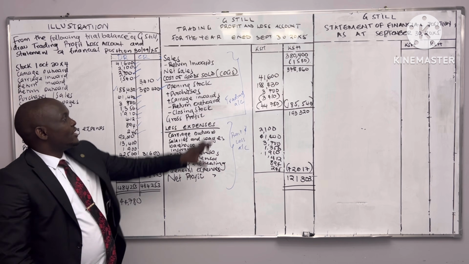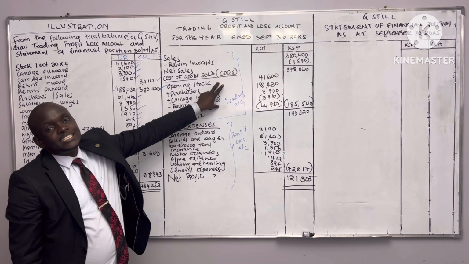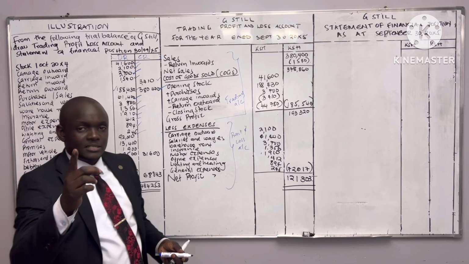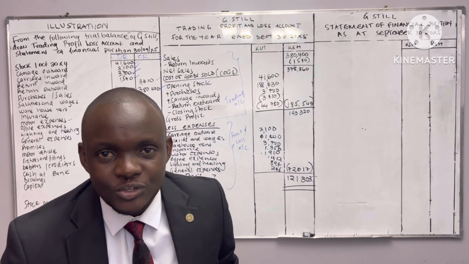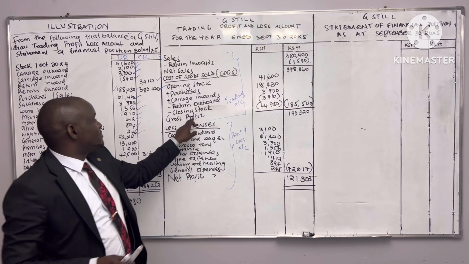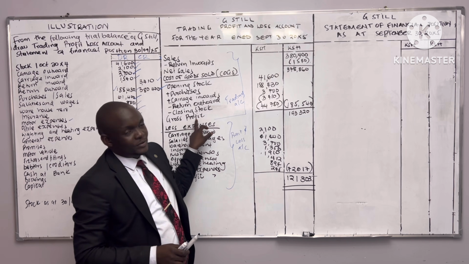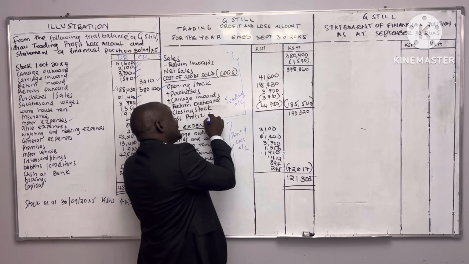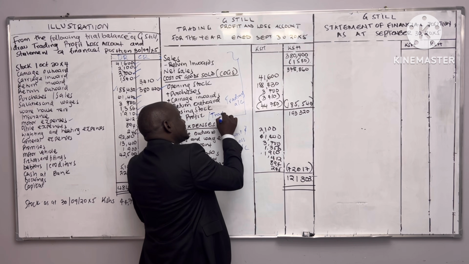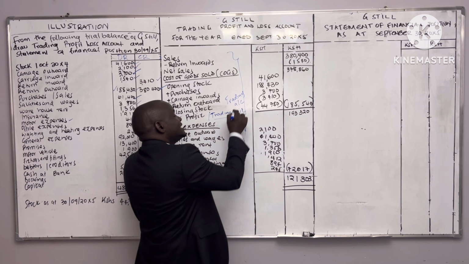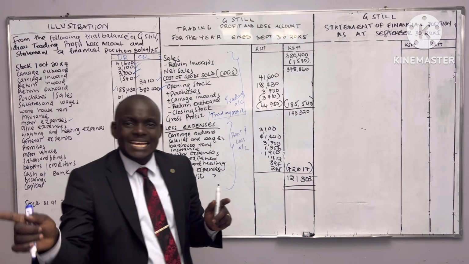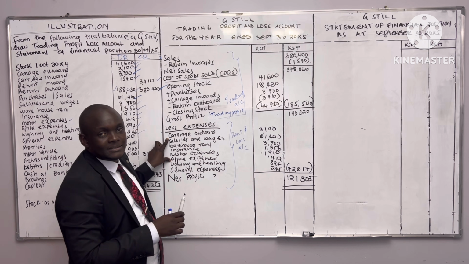Because here we only record activities that deal with buying and selling of goods, activities that deal with stock. What we call the trading profit is the profit from the actual buying and selling without factoring other expenses.